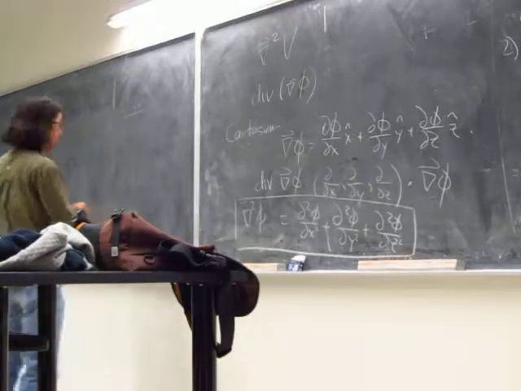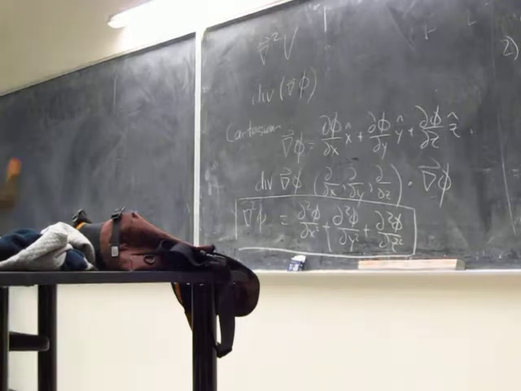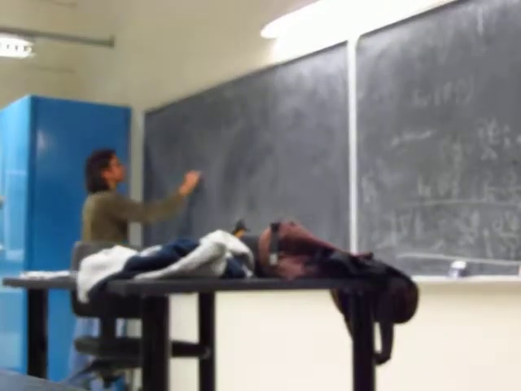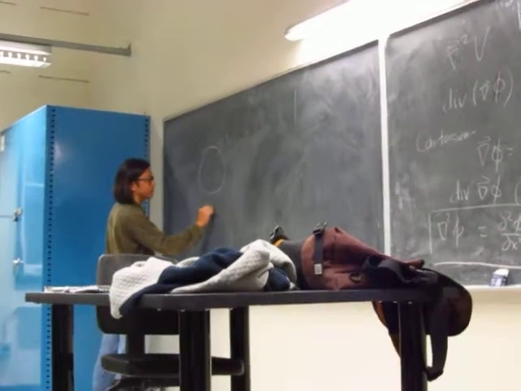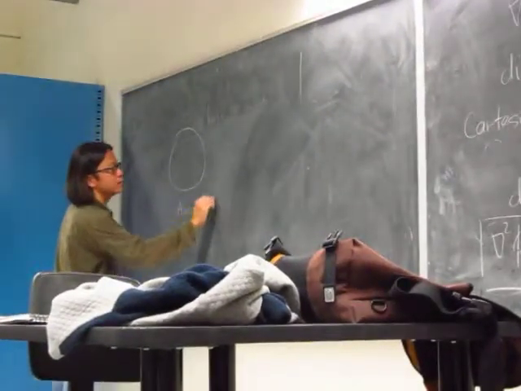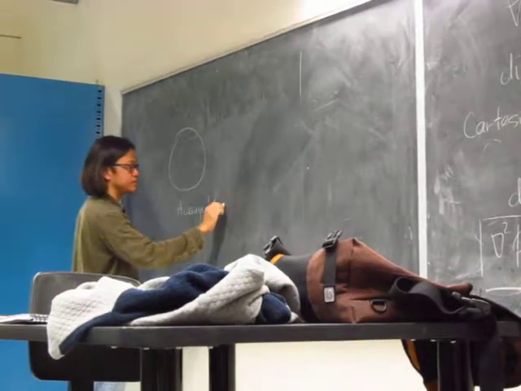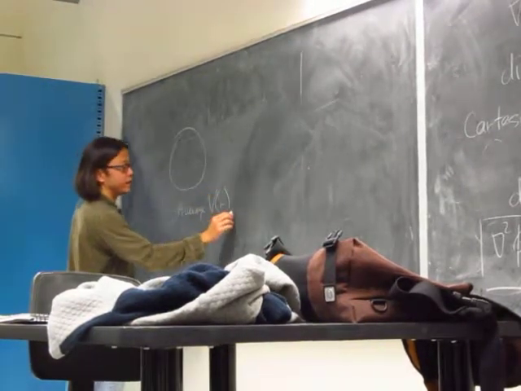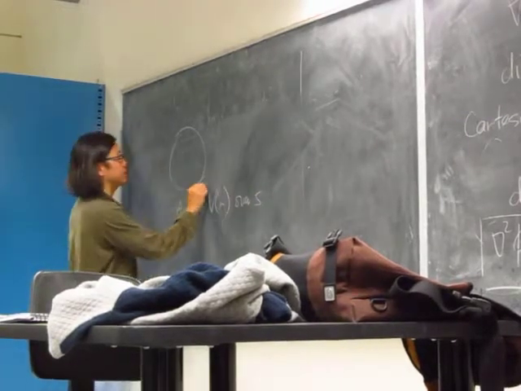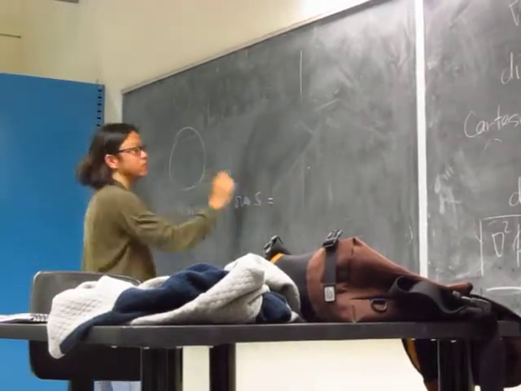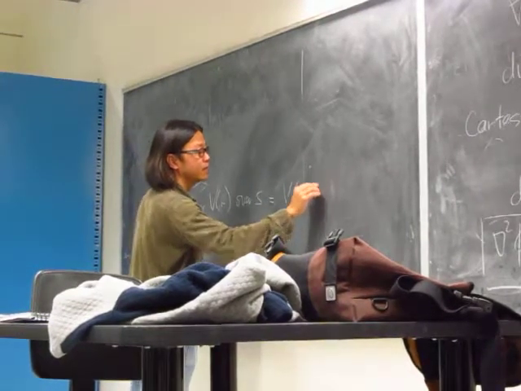The first one is, I think I mentioned it briefly, that if you take any sphere in space, and you average the potential around the sphere S, it's going to be equal to the value of the potential at the origin.